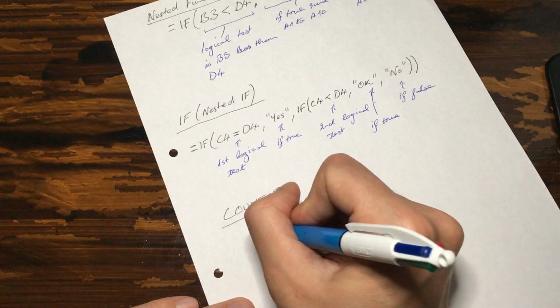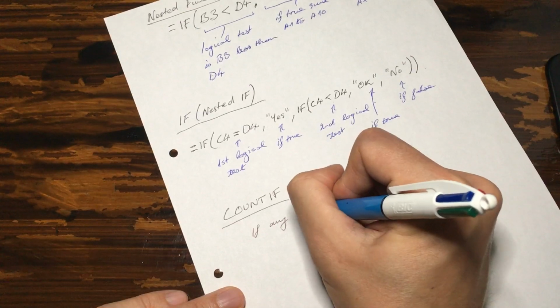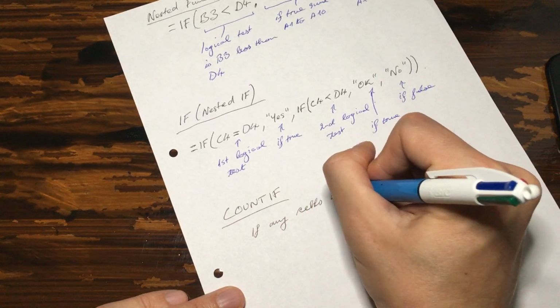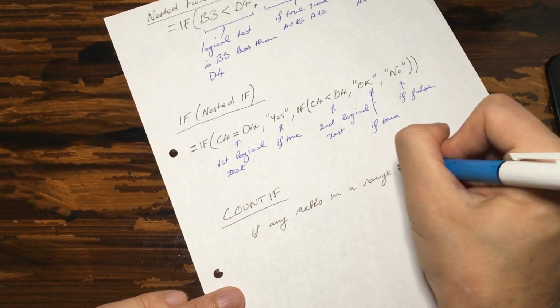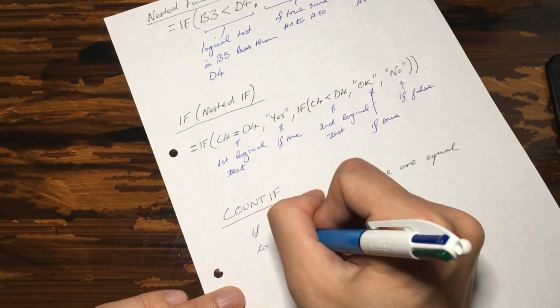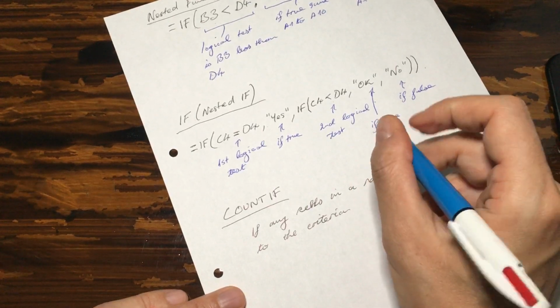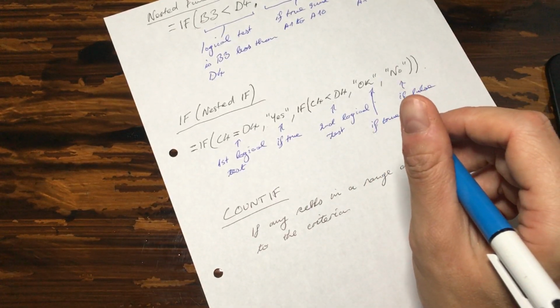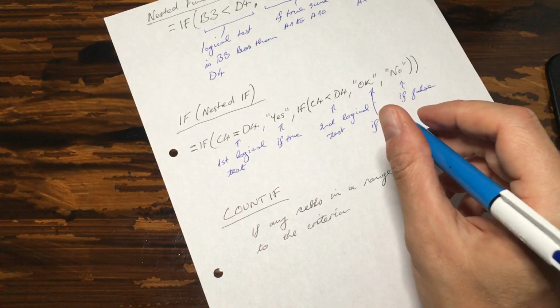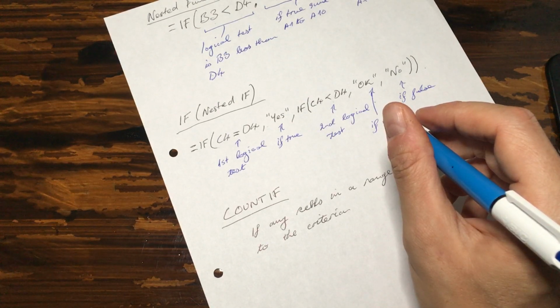Okay, so we'll say if any cells in a range are equal to the criteria, so if any cells are equal to the criteria, and then what we want to do is it'll come back saying whether it is or not.